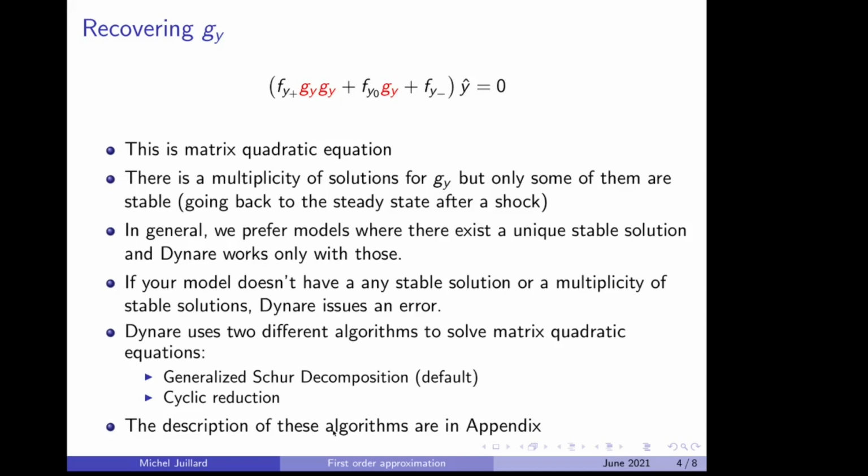And in fact, for the time being, I send you to the appendix of the presentation to see the detail. But some more general remarks are in order. First, for this type of equation, there is a multiplicity of solutions for Gy, but only some of them are stable, meaning that after a shock, the model is going back to the steady state.